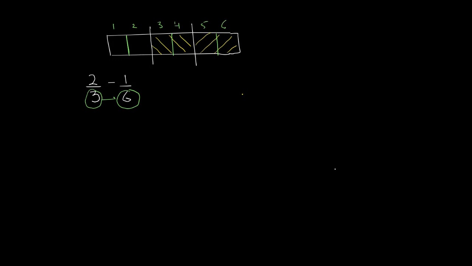And now 2/3 will become, as you can see, 4/6. So 2/3 is the same as 4/6 minus a 6th, and the answer would clearly be equal to 1/3, right?